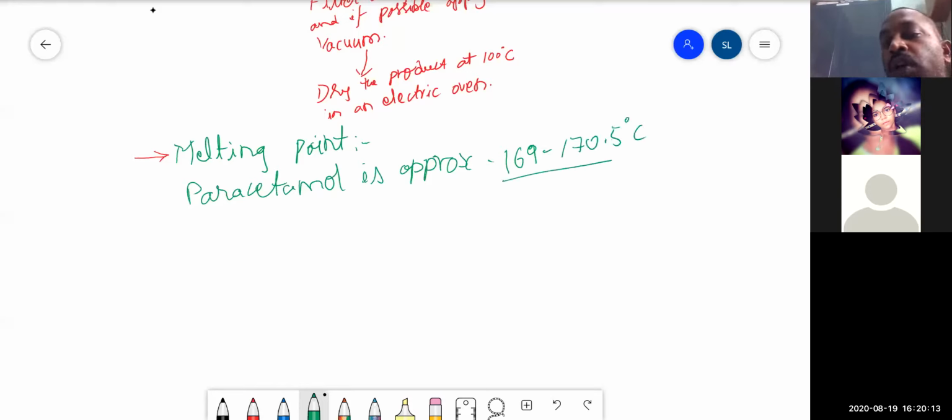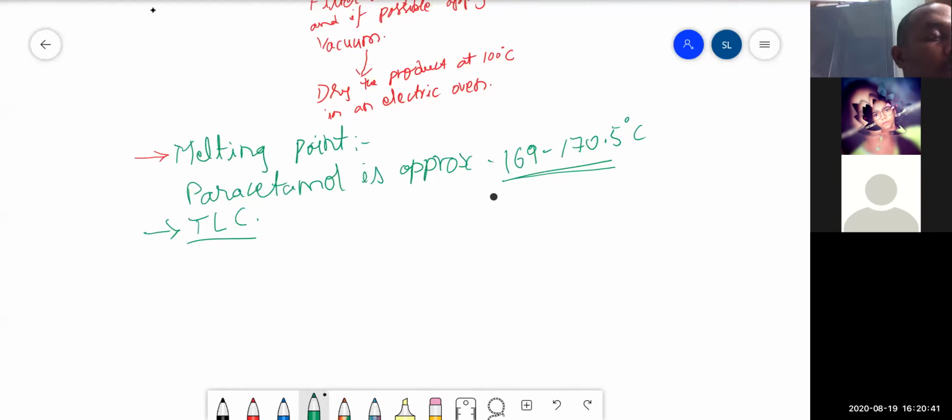Okay, so if your product is within this range, then we can say your product is almost pure enough. Okay, then another way of finding out whether your compound is completely pure or not is running a TLC. But here we don't require TLC because in most of the cases we get the product in the purest form.